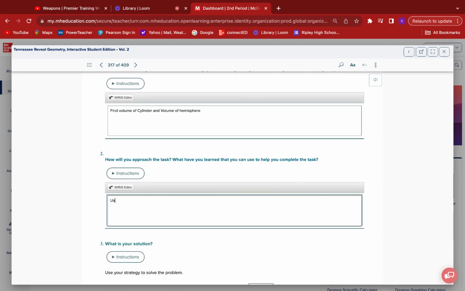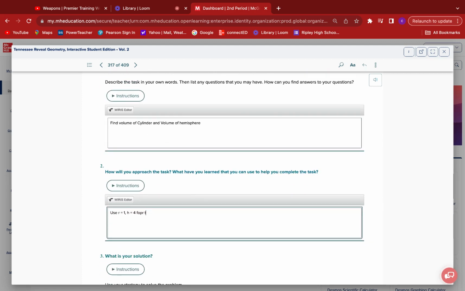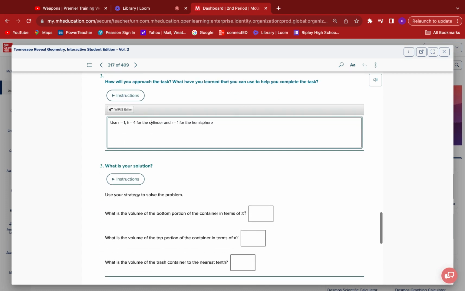So use r equals 1, h equals 4 for the cylinder, and r equals 1 for the hemisphere. Okay, what's the solution? It's the volume of the bottom portion of the container in terms of pi.